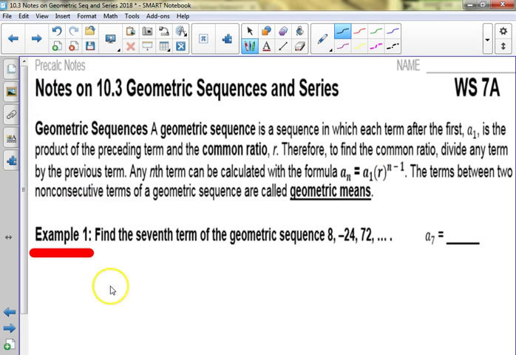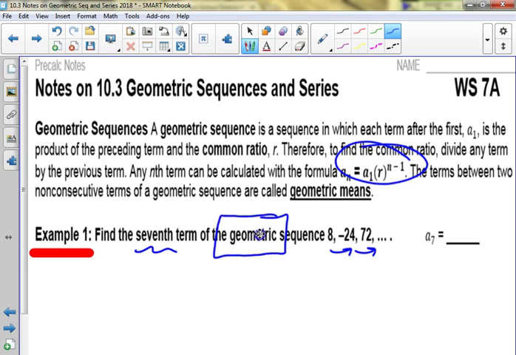All right. Find the 7th term. We'll get back to this geometric means later. This is the formula we're using, and it's on the gray sheet. Find the 7th term of this sequence. What do we have to find first? What is r? Geometric means we're doing what?